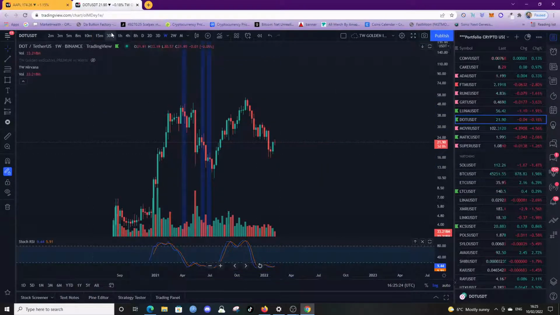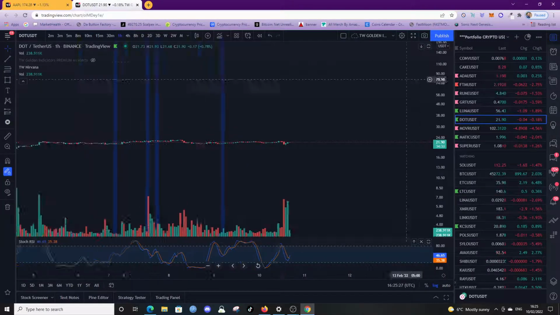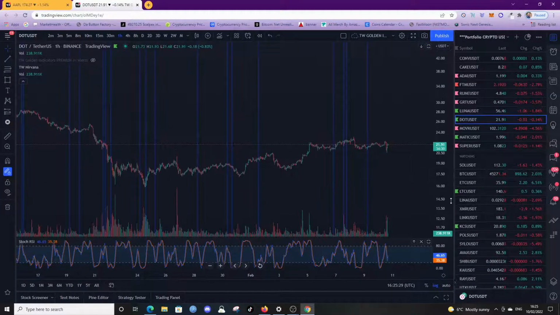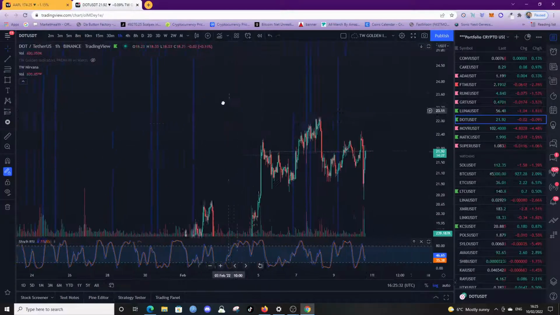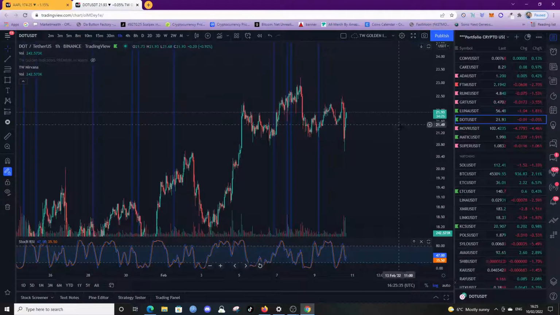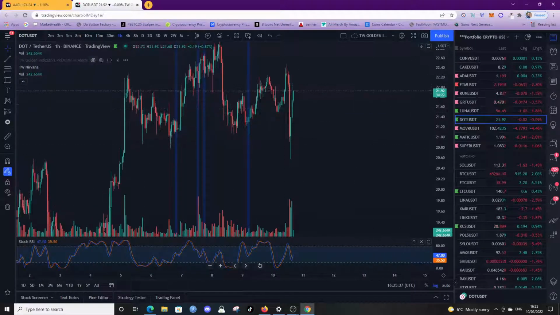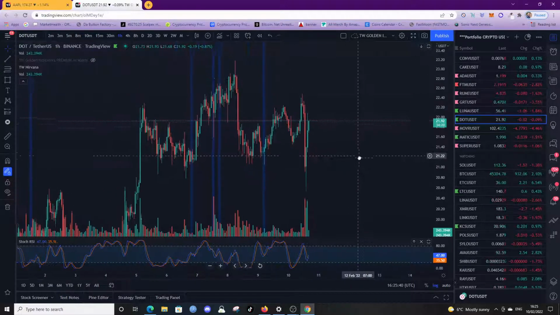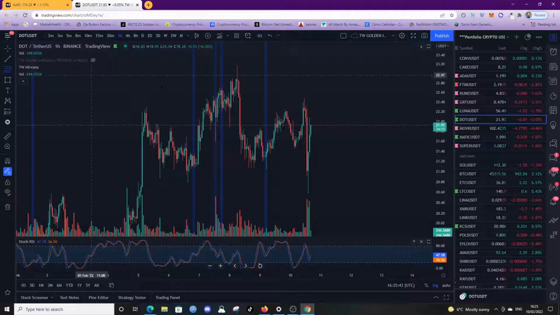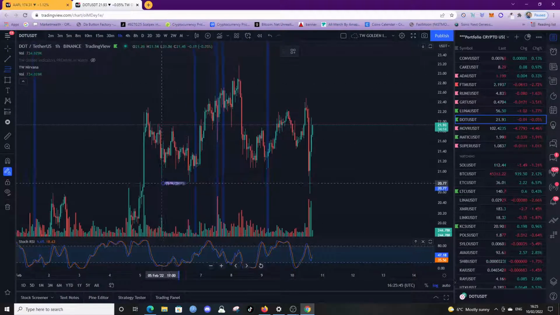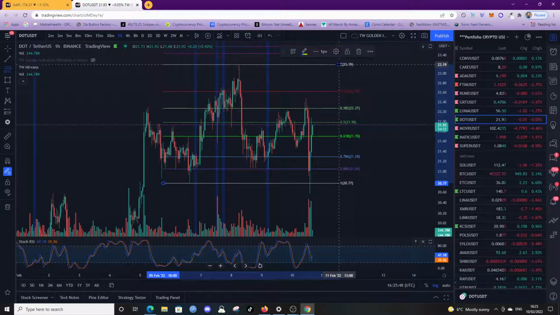It's repeated. You could do this on a 1 hour chart. So here, have a look. So this is a 1 hour chart. And let's say put a buy order in at the 618 and the 786.